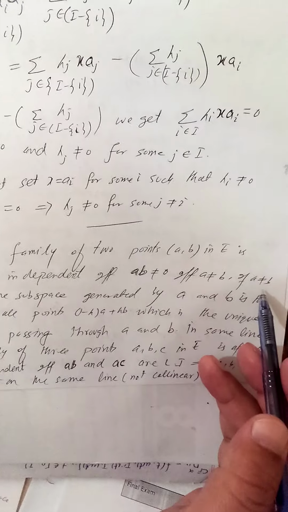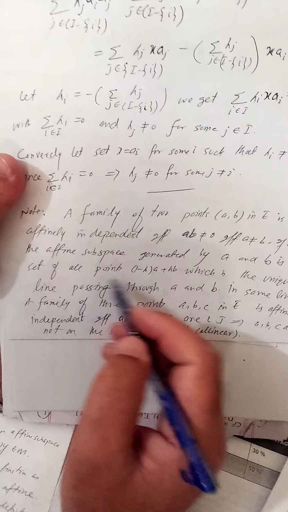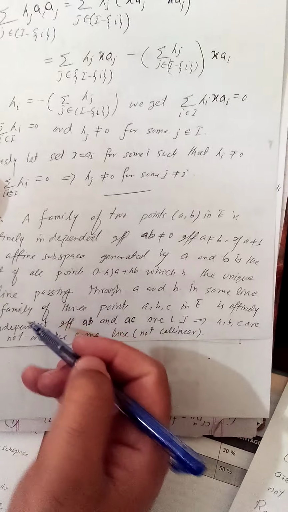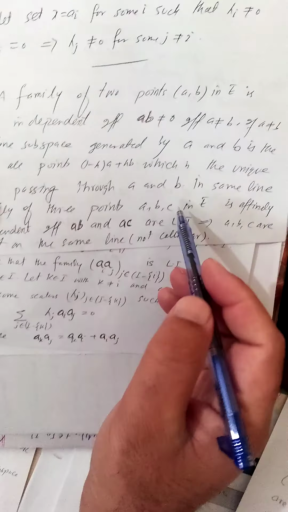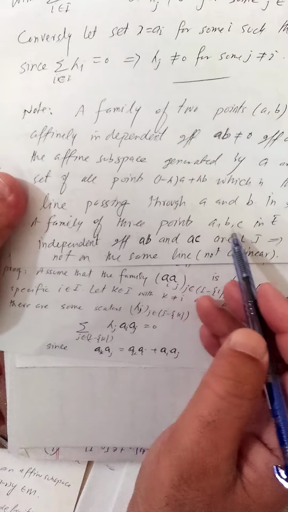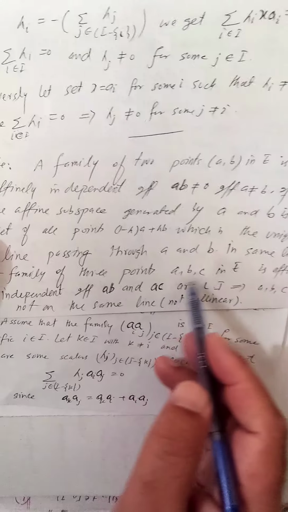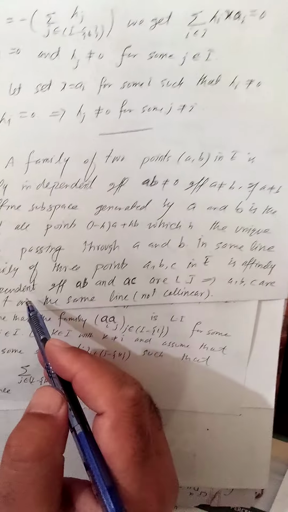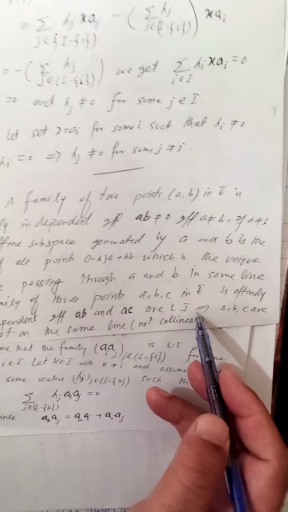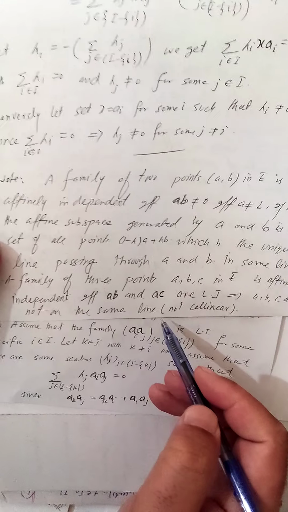If A is not equal to B, the affine subspace generated by A and B is the set of all points (1 minus lambda) A plus lambda B, which is the unique line passing through A and B. Similarly, a family of 3 points A, B, C in E is affinely independent if and only if AB and AC are linearly independent. This implies that A, B, C are not on the same line, not collinear.